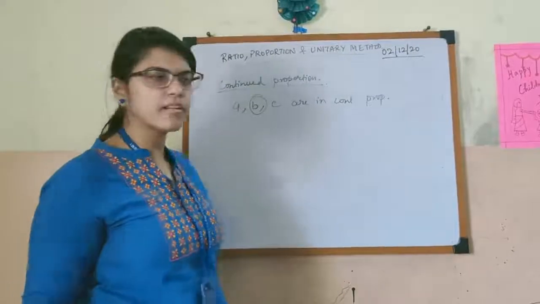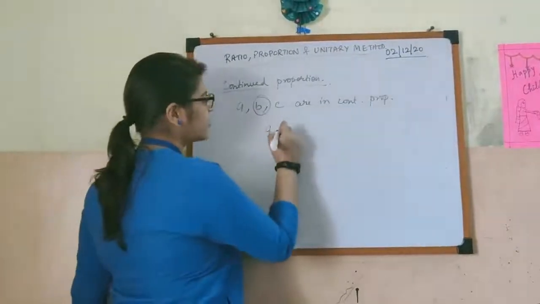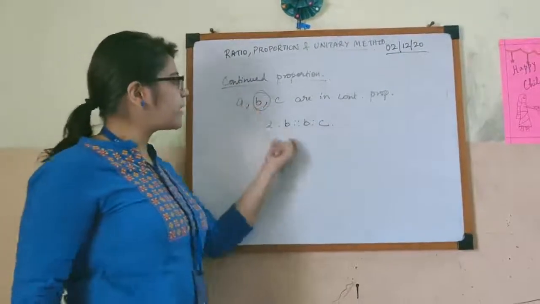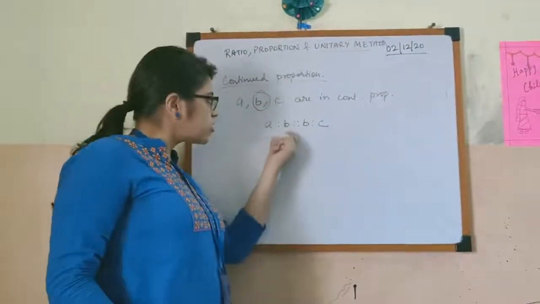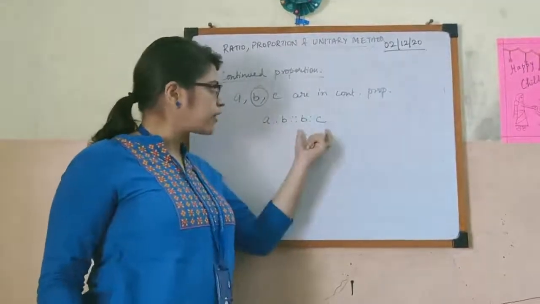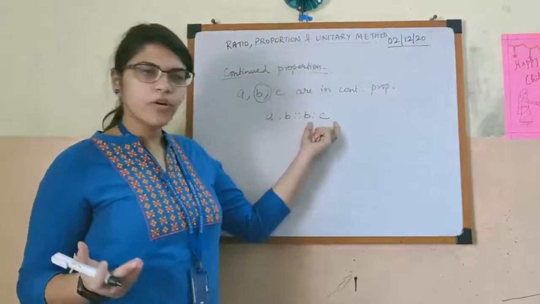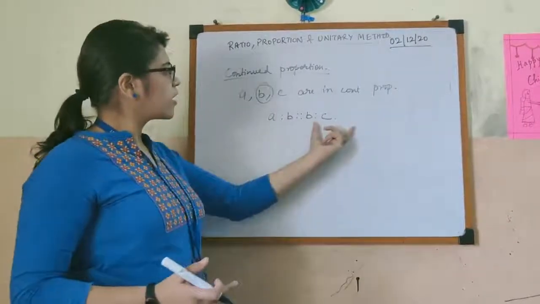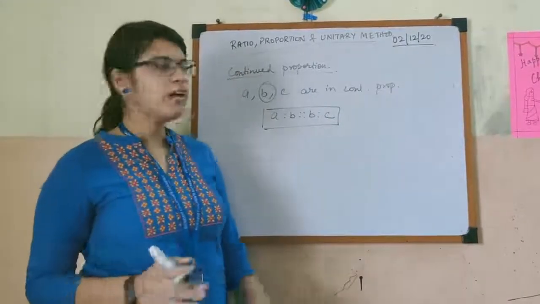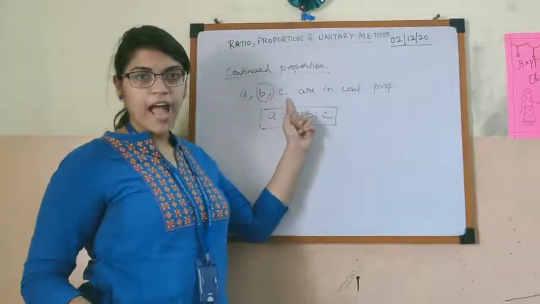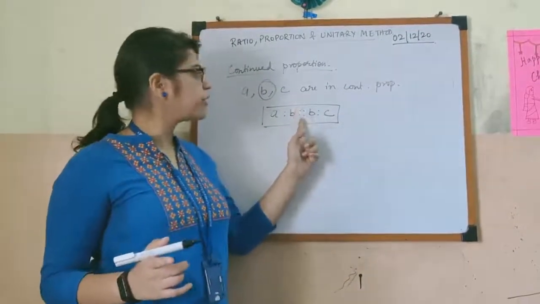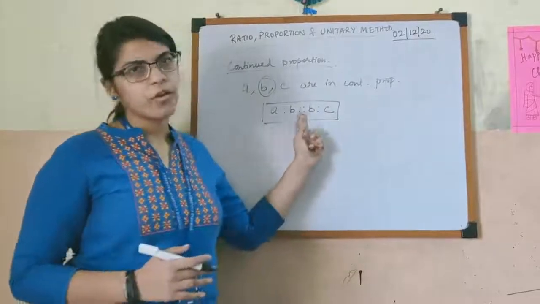It will be written as A:B :: B:C. This is the continued proportion. So in continued proportion, you always have to remember there will be three numbers given, and the second number will repeat two times like this, and in between you will get the proportionate sign.